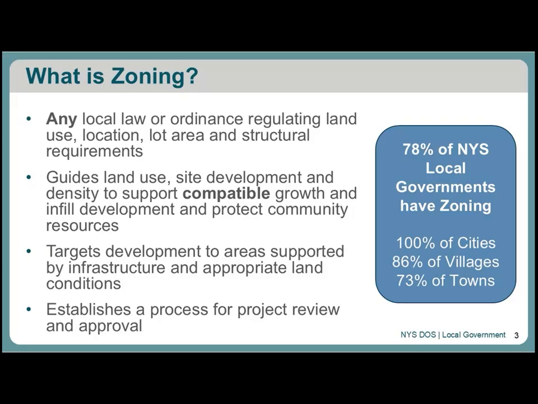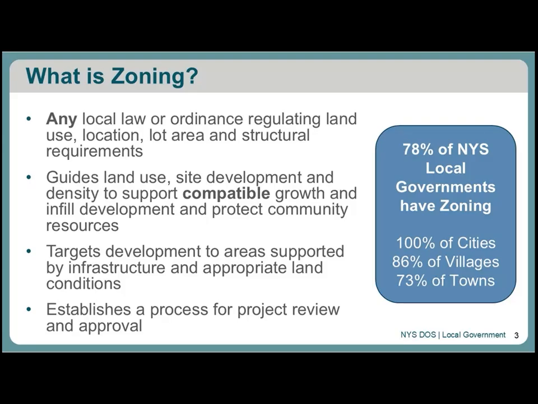It's intended to guide land use, site development, control for density, and generally support compatible growth. That includes infill development and protecting community resources. But the term compatibility really has been part of zoning since its inception.